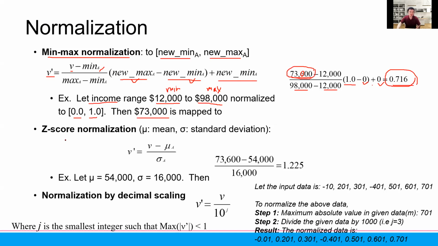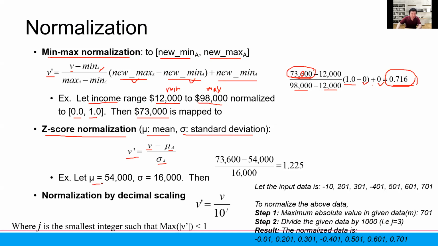The other way to do normalization is z-score normalization. If you still remember our previous chapter, we discussed the z-score. The z-score is also one way to do normalization. We use the mean and the standard deviation to normalize the values. The new value is the old value minus mu, which is the mean, divided by the standard deviation.